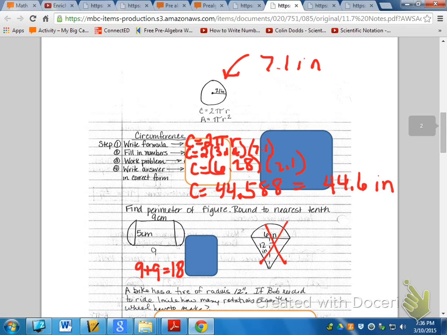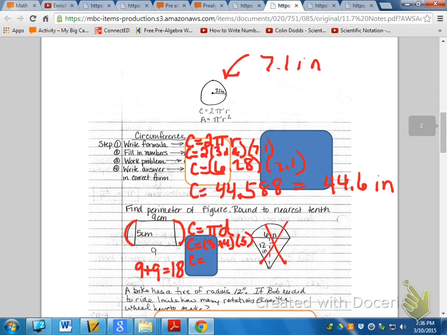For the two semicircles, or one full circle, I'm going to do circumference and use pi times diameter. That would give me the outside of the full circle, and we're going to add that to the 18. So circumference is 3.14 times 5.